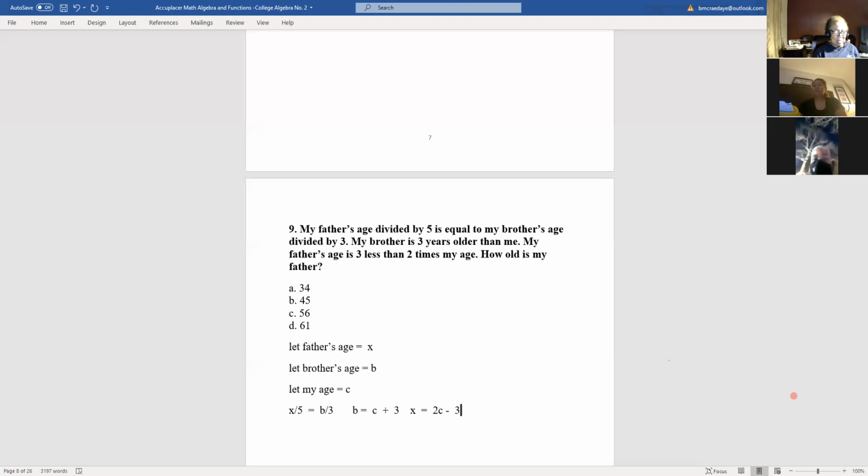It's gonna be 2x plus 3c, something like that. 2C plus C?